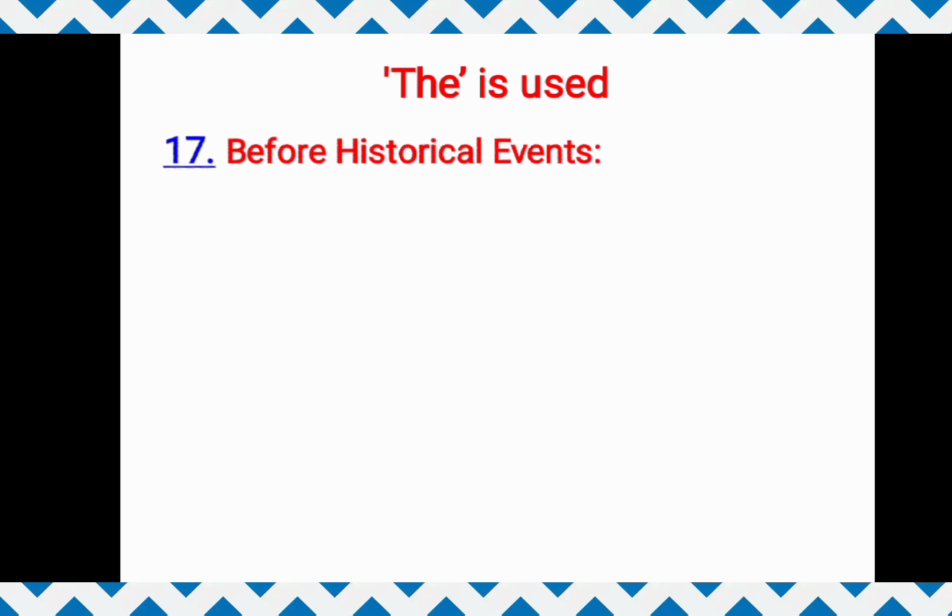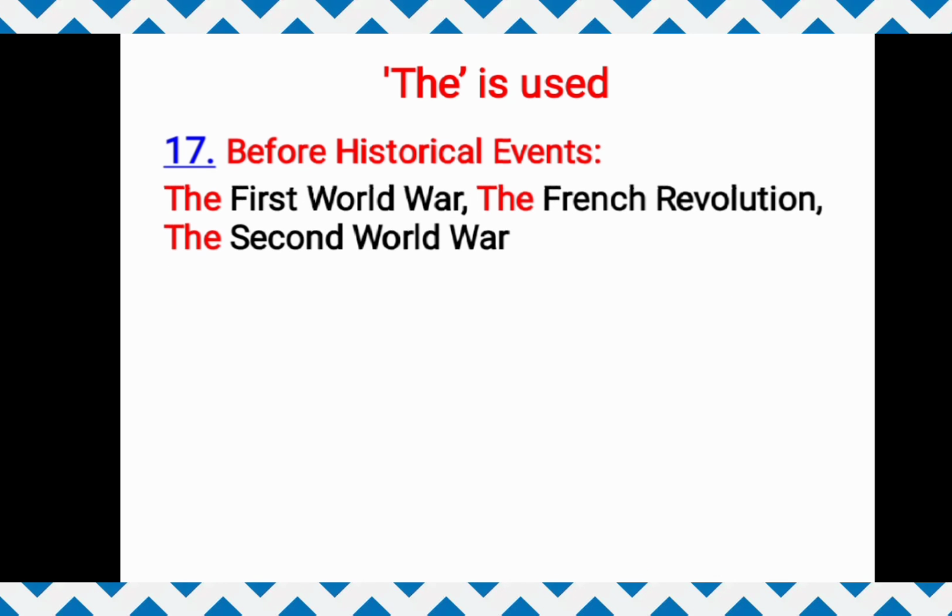That is rule number 17 and use of the definite article the. The is used before historical events like the First World War, the French Revolution, the Second World War, etc. That is also a very common rule. And that is rule number 18 and the last use and rule of the definite article the.